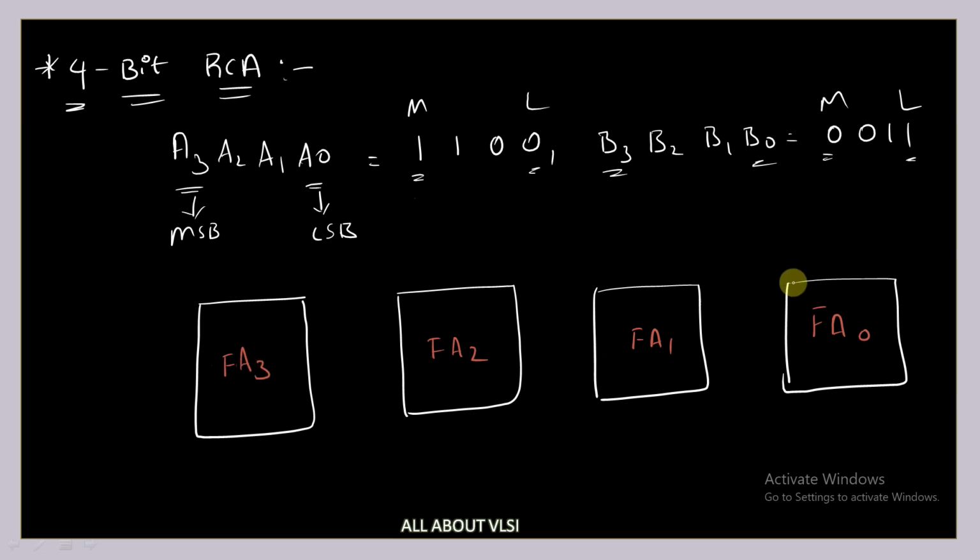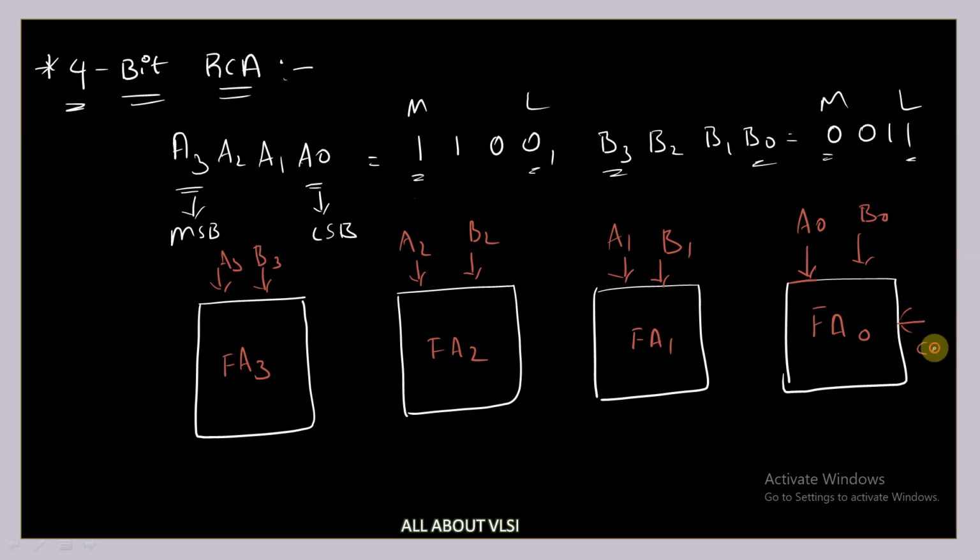Here I am going to apply A0 and B0, A1 and B1, A2 and B2, A3 and B3, where A3 and B3 are my MSBs and A0, B0 are my LSBs.